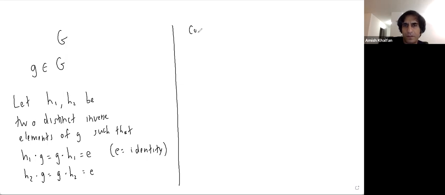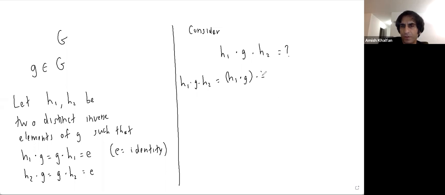Now let's consider the following expression, h1 dot g dot h2. So g sandwiched in between these two distinct inverse elements, we'd like to ask, what is this? Well, one way to do it is to combine h1 with g first, and then whatever you get there, compose it with what's remaining, h2.